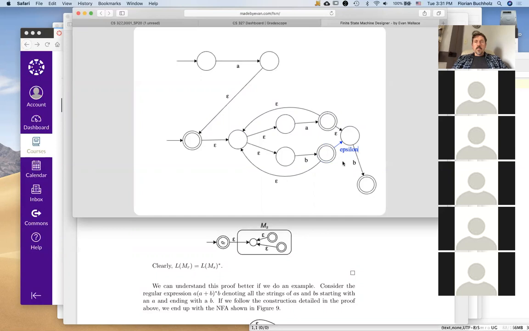And I need to do one more thing because this isn't quite right yet. So I need to do all this, the final states. And this one here was an accepting state for this whole thing. So I kind of need this transition here going to here, sorry, on epsilon.